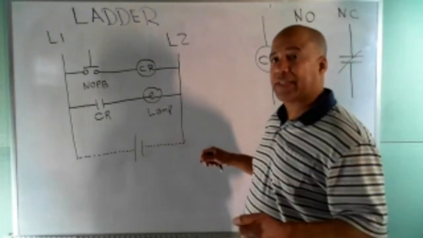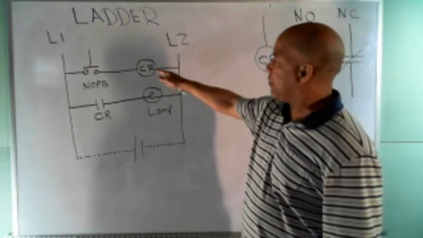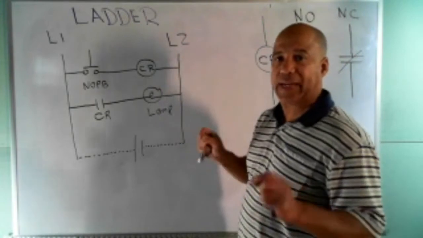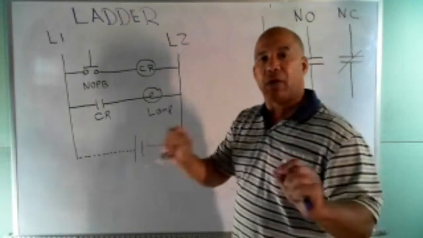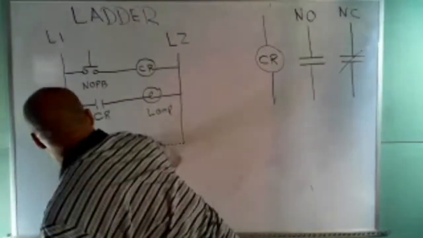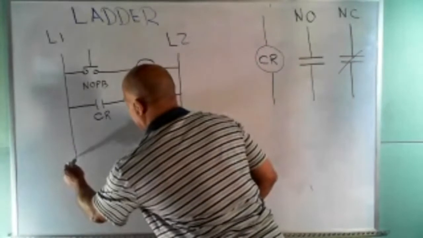Now here's where this gets interesting, because what I can do is I can have many control relays here, and what I can start to do is to wire those contacts together like this. I'll extend the circuit a little bit.